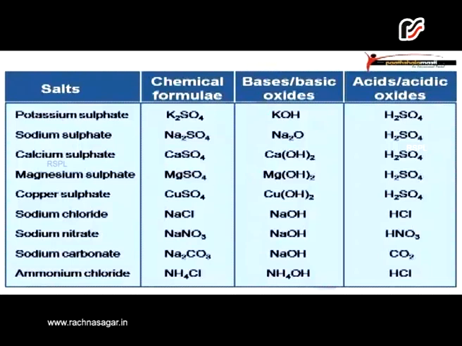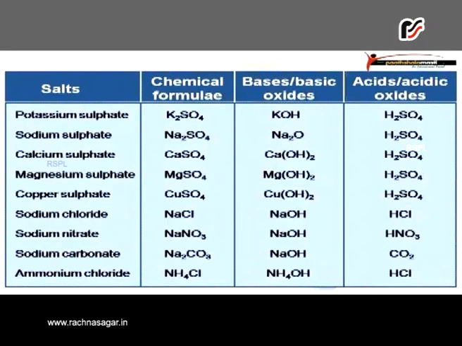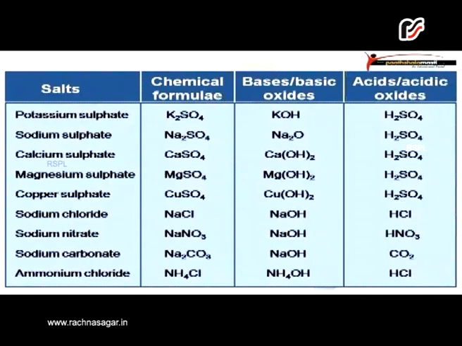Sodium nitrate is formed by sodium hydroxide and nitric acid. Sodium carbonate can be formed by the reaction of sodium hydroxide with carbon dioxide. Ammonium chloride is a salt of ammonium hydroxide, that is NH4OH, and hydrochloric acid, that is HCl.